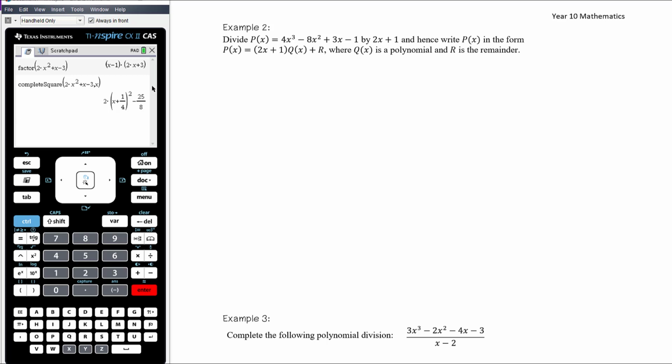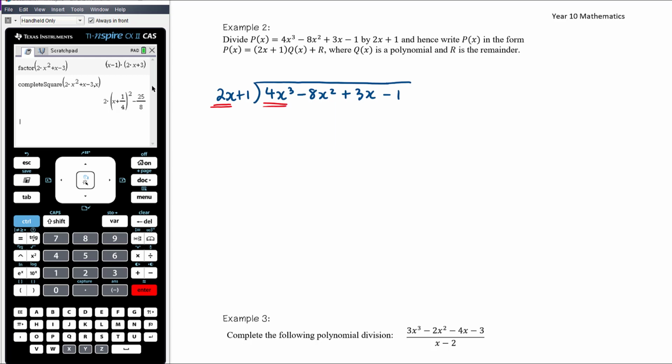Okay, so we're going to divide 2x plus 1, which is the divisor, into 4x cubed minus 8x squared plus 3x minus 1, which is the dividend. Process: what do I have to multiply 2x by to get 4x cubed?